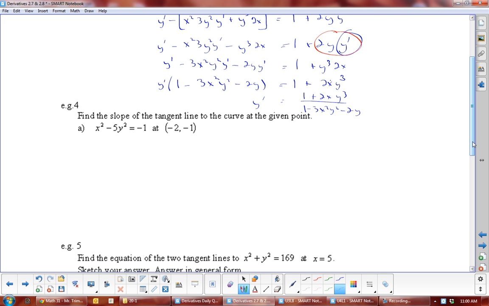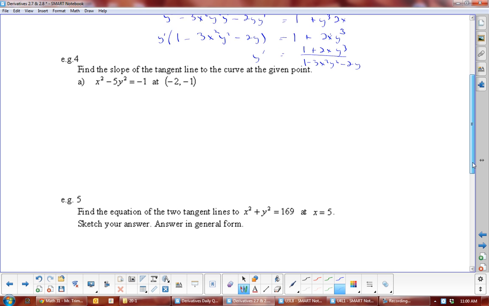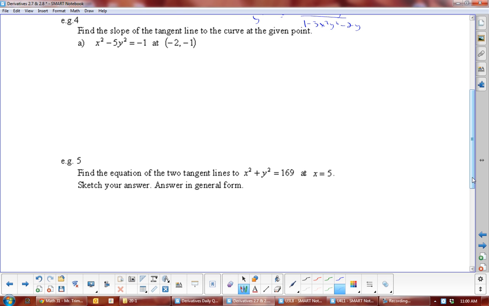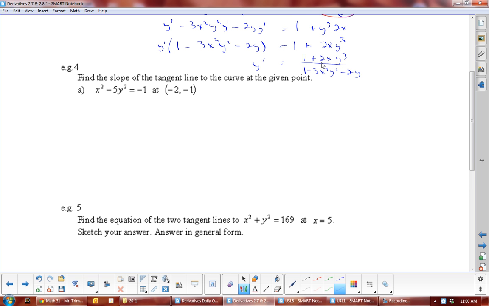How's that look? Okay, now this is the first time we're actually going to apply it, and then you'll see how it works to be able to find the slope. Now, all the other ones, we needed just the x value. You can see that on the right side of many of these, you got x's and y's.